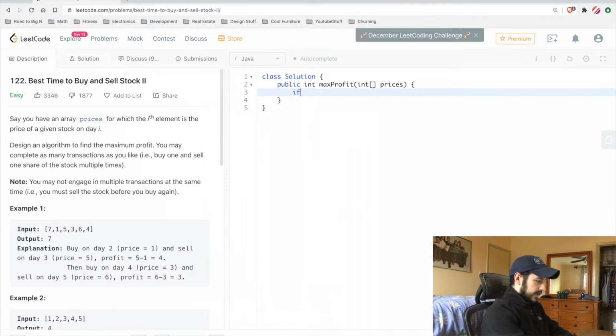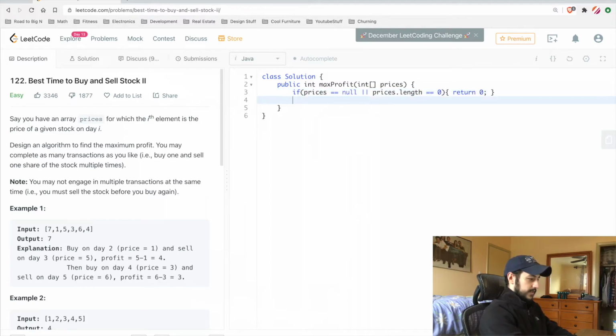So first we'll have our base case: if prices equals null, or if prices.length is equal to 0, then just return 0. Otherwise, let's get our n here. We'll also have our previous, which will start at prices at 0.